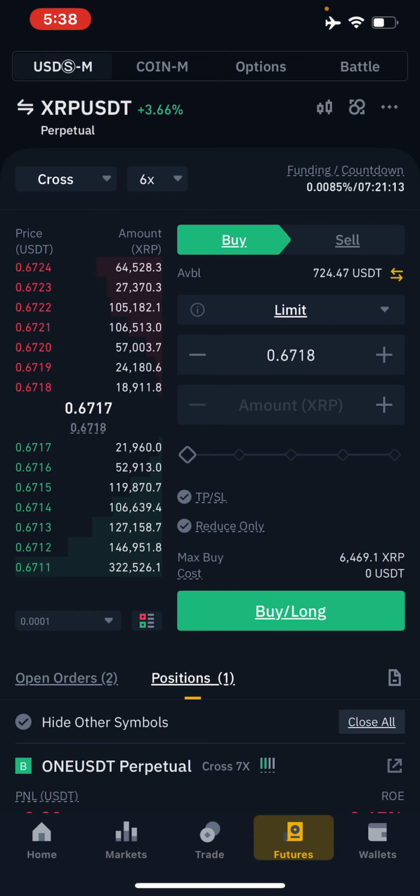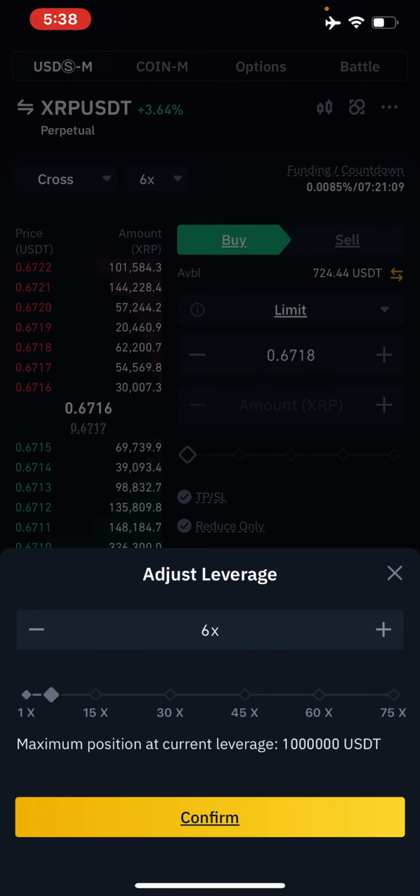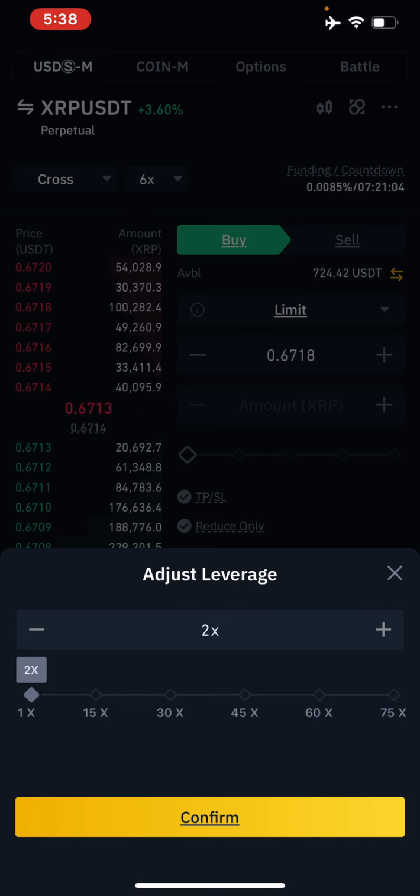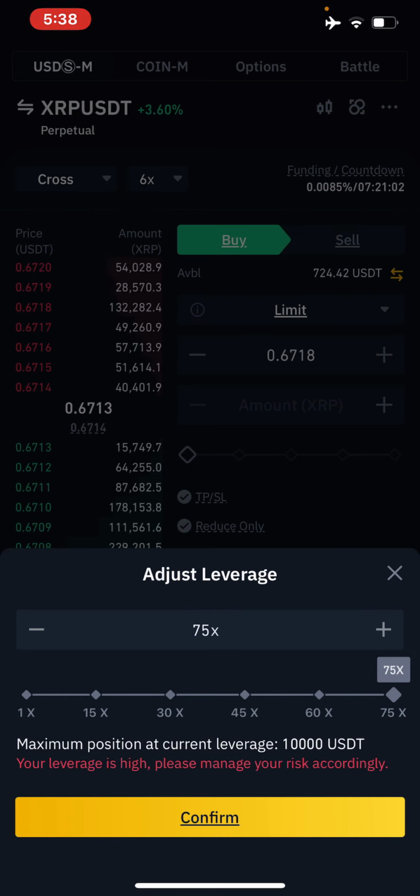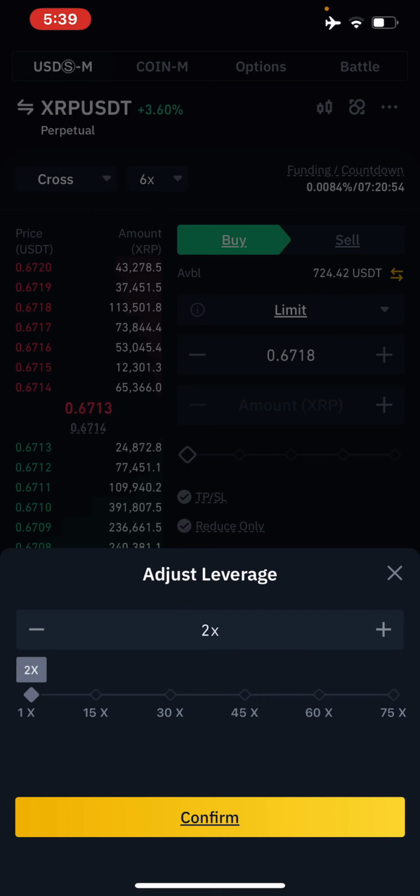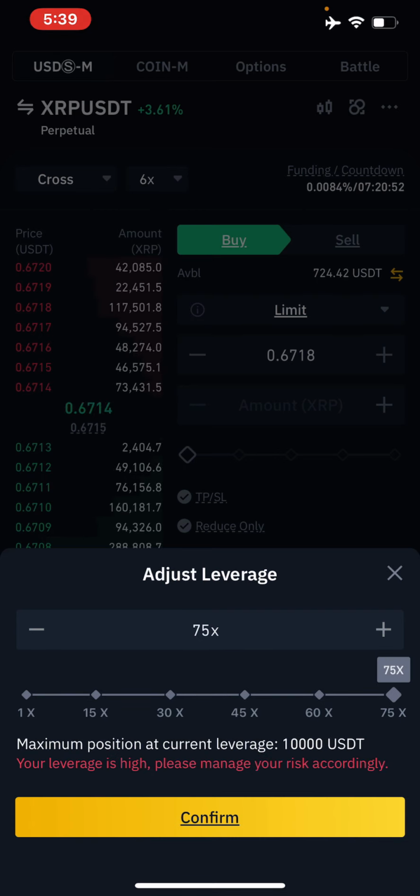So pay very close attention to leverage. Leverage is very risky. Just like I said, leverage trading is risky. So leverage starts from 1 up to 125, depending on the contract and depending on the coin you're trying to trade. So for this particular coin, Ripple, we only have 75x leverage.